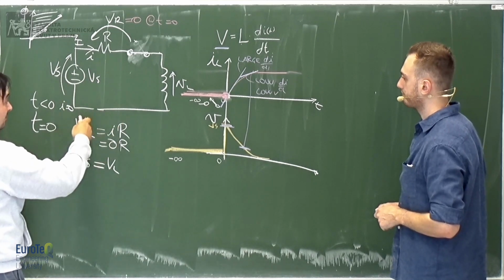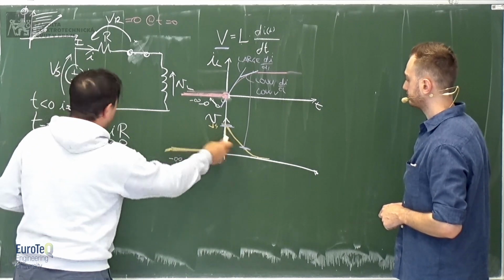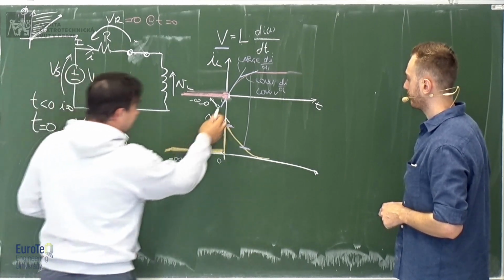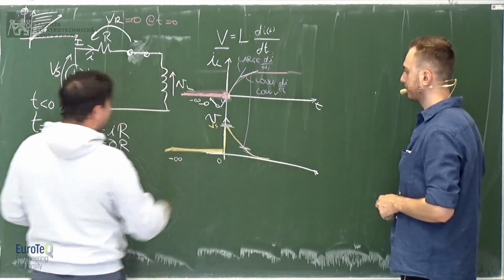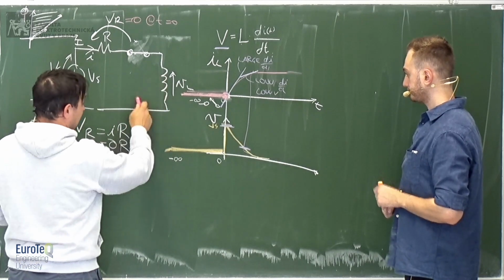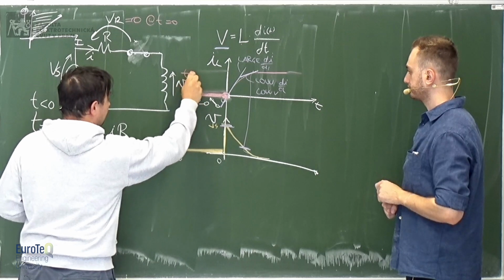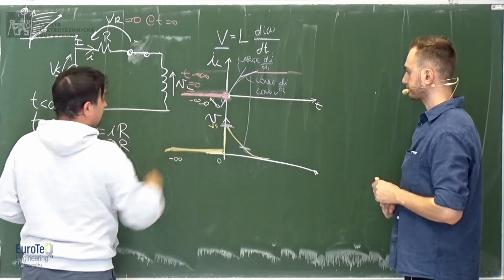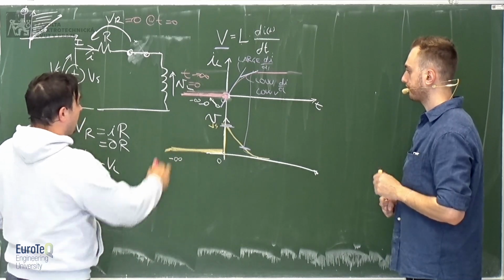As the current circulates, the voltage drops because the derivative is getting smaller and smaller, until you arrive at the steady state where the voltage will be 0 after a long time. So as time goes to infinity, you get voltage 0.